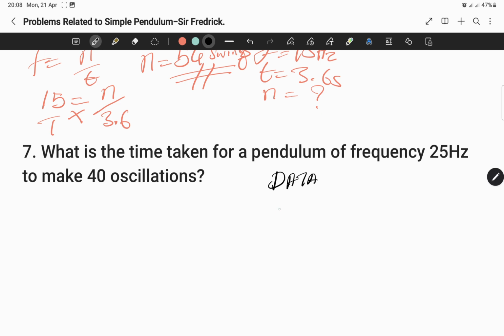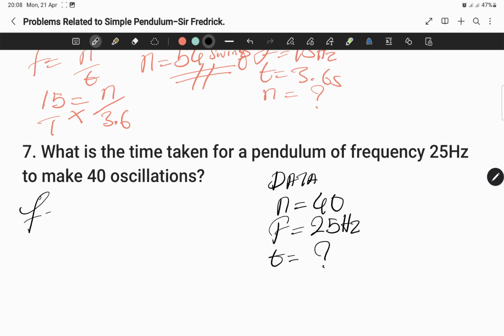So number of oscillation was 40. Then frequency was given to be 25 Hz. Then what are we looking for? We are looking for time interval.